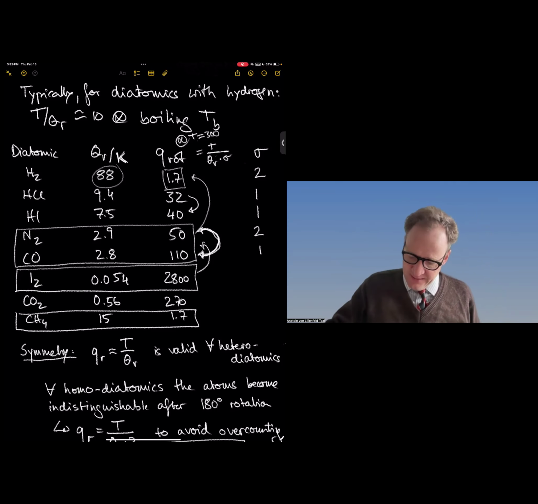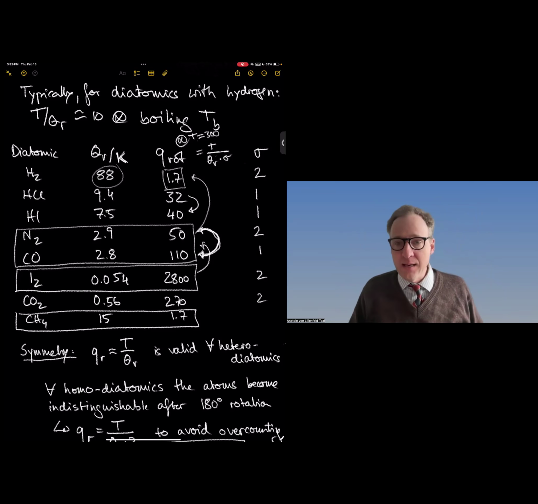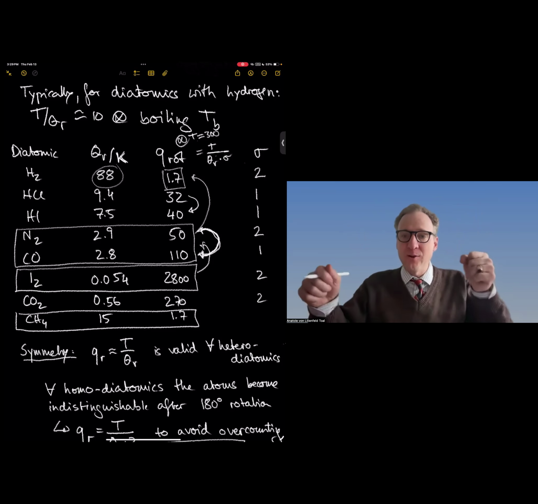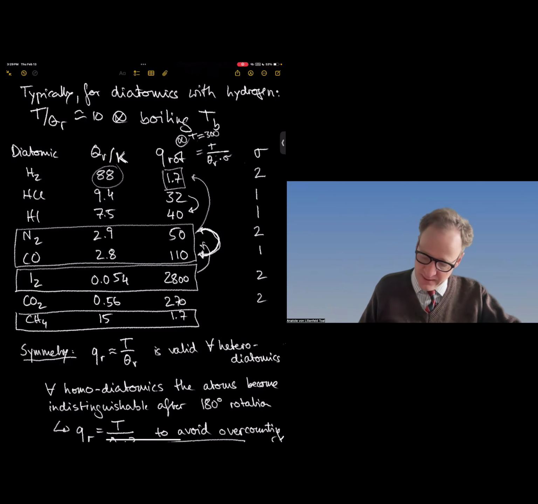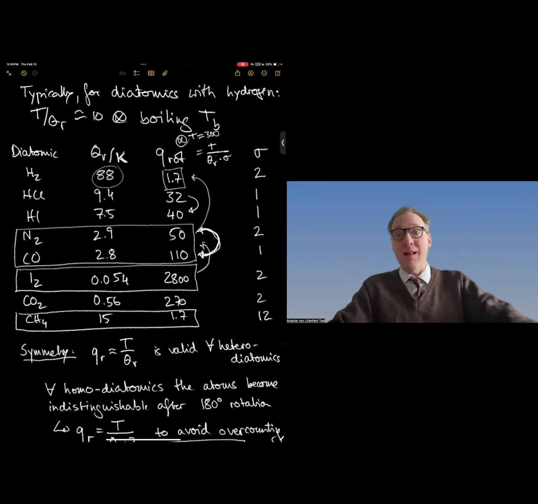Now the other molecules also have symmetry factors, right? CO2 is also like a homodiatomic. You cannot distinguish after 180 degrees, even though it already has 3 atoms, but it's still a linear 3-atomic molecule. And then methane has a surprisingly low partition function, but there is a symmetry factor of 12, right?